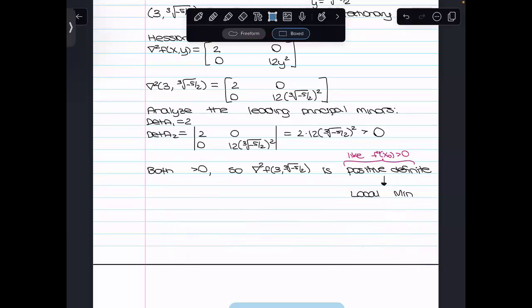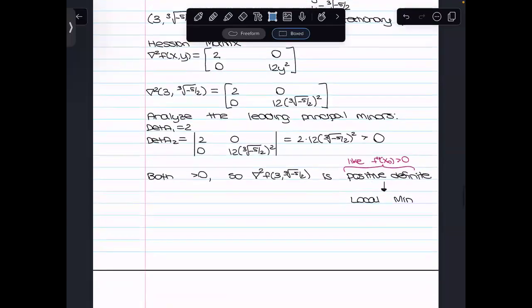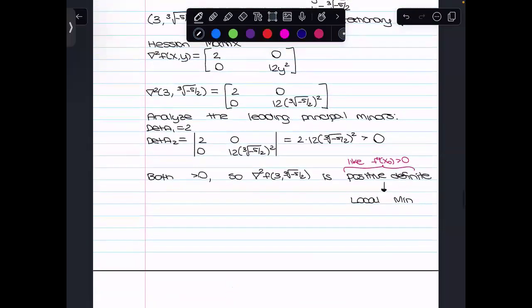So having a positive semi-definite Hessian matrix at a specific point doesn't guarantee anything. It could be a local min, but we can't be sure. Versus if we find that it's positive semi-definite for every single point, not just at one point, then that's the equivalent of saying that a function is always convex. And always convex could be like a parabola, or theoretically could even be a straight line, which is both convex and concave.